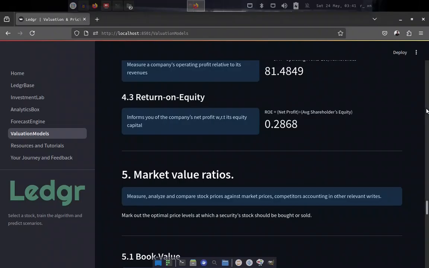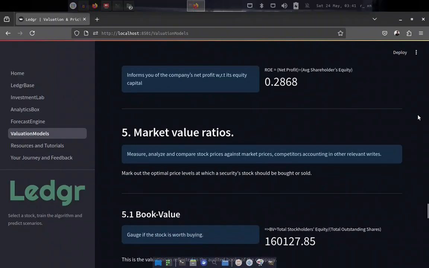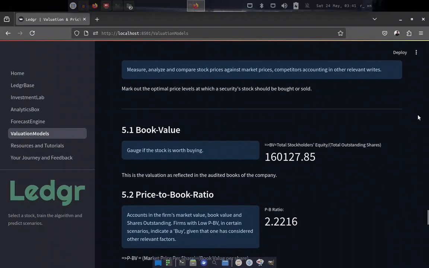The next are the market value ratios. This is a very relative measurement, a gauge. It helps you to compare stock prices against market prices, or against competitors' prices, and so on.